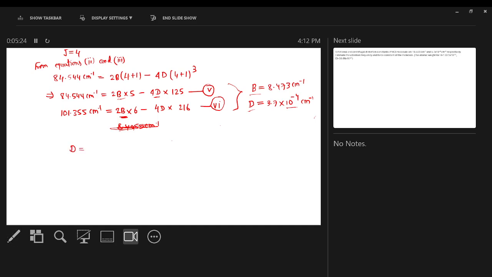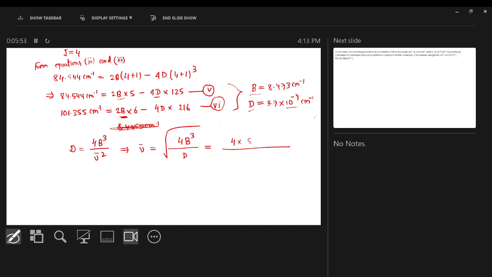D is nothing but 4b cube over nu square. So we have to calculate this nu, so that will be the square root of 4b cube by D. Then you will substitute all the values.